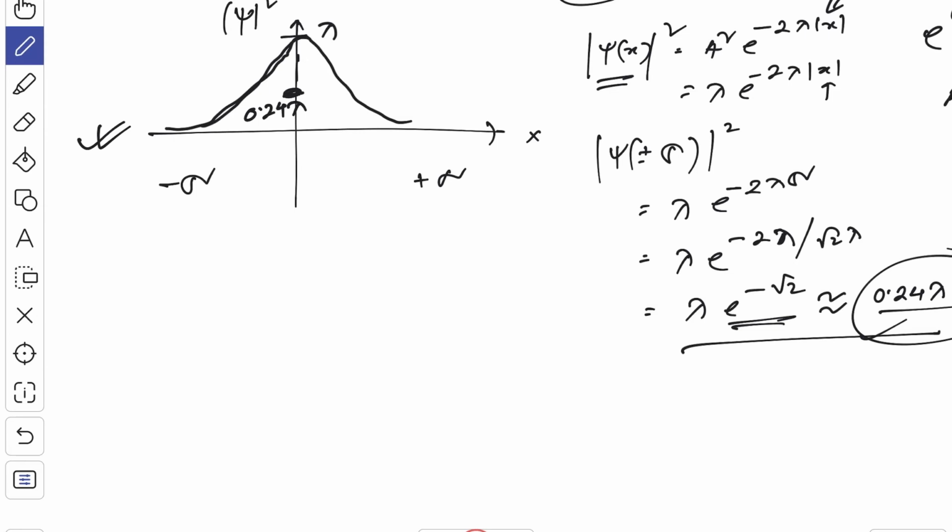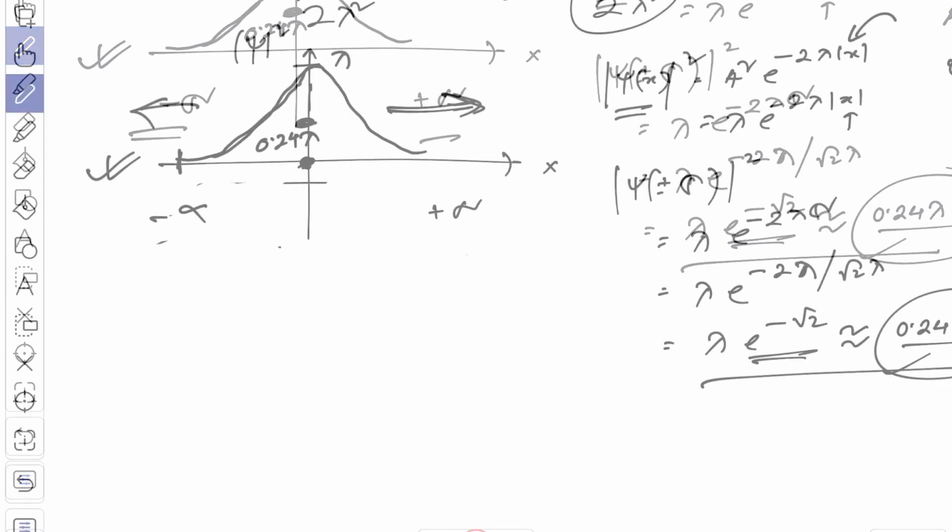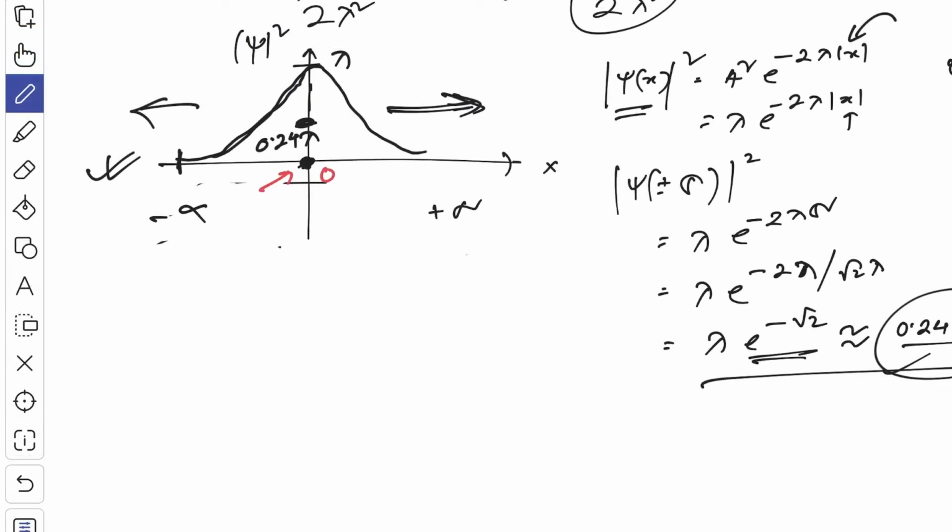And also we need to find the probability of the particle being found outside this range. So how to find the probability? Here you see, this point is origin O, where x is equal to 0, and here you see, e to the power minus 2 lambda mod x.